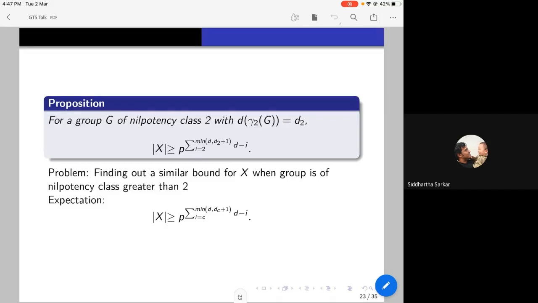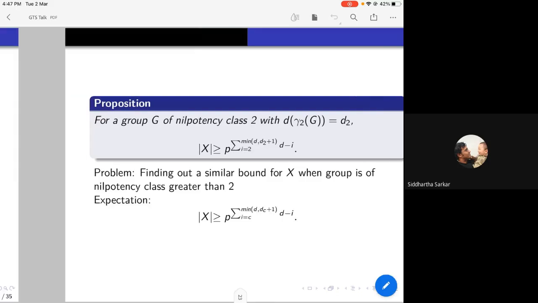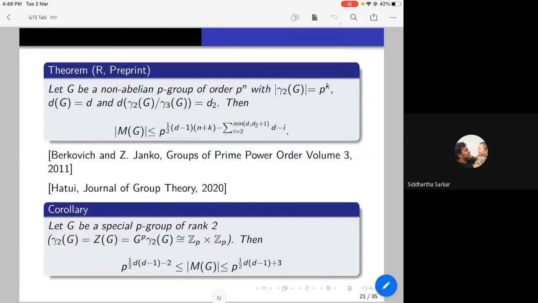So that was the bound in terms of the number of generators of gamma 2(G). Now, one can also consider the nilpotency class of the group G. Here is the proposition. I wanted to shed some light on the proof.